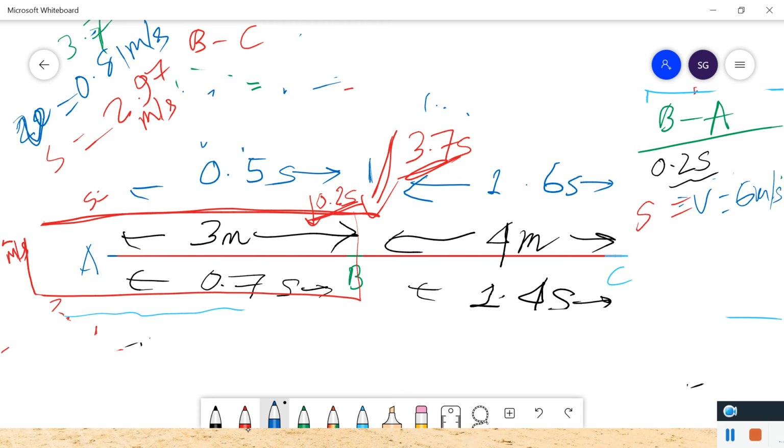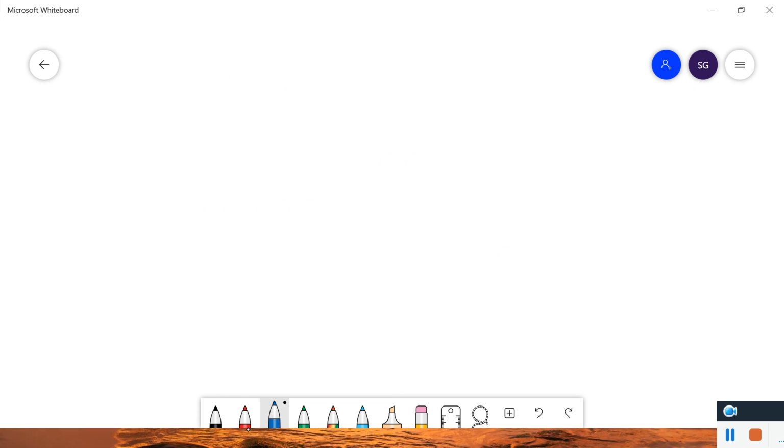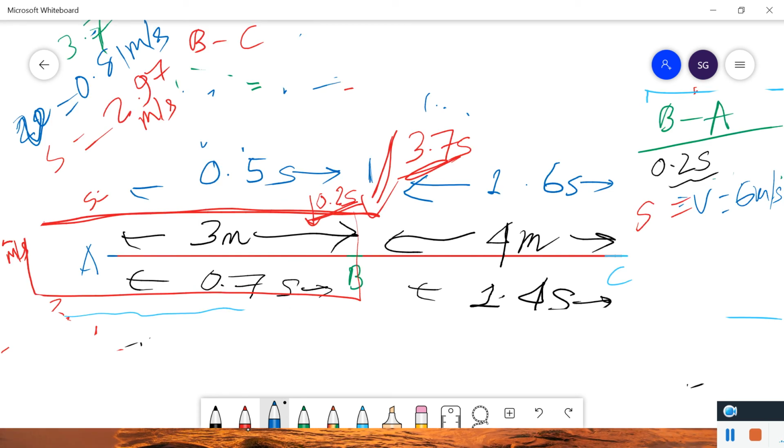So after 0.2 second, what will be its speed and velocity? It's so simple. Multiply 0.2 into 6. So what will it be? 6 into 0.2 will be only 1.2. Yes, it's 1.2. So after 0.2 seconds, it will cover 1.2 meters. So the exact position would be 3, 4, 5, 6, 7.